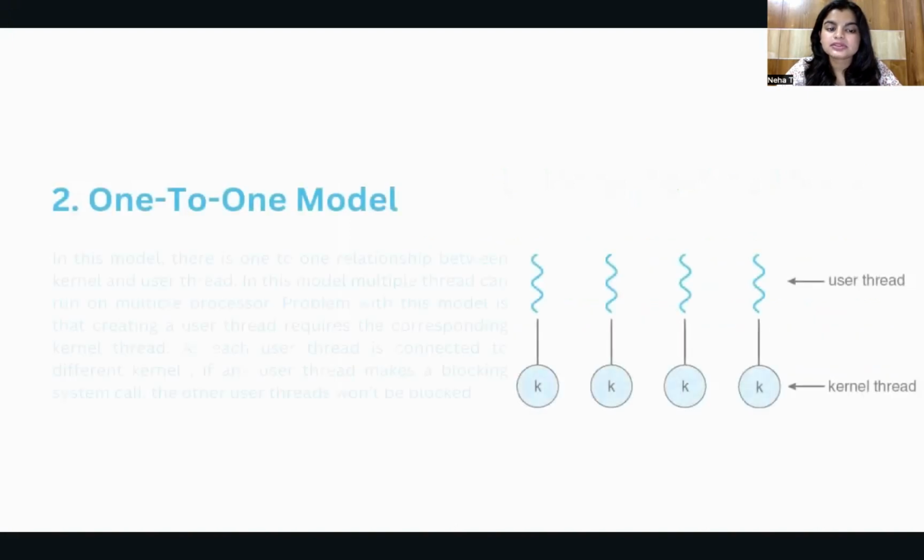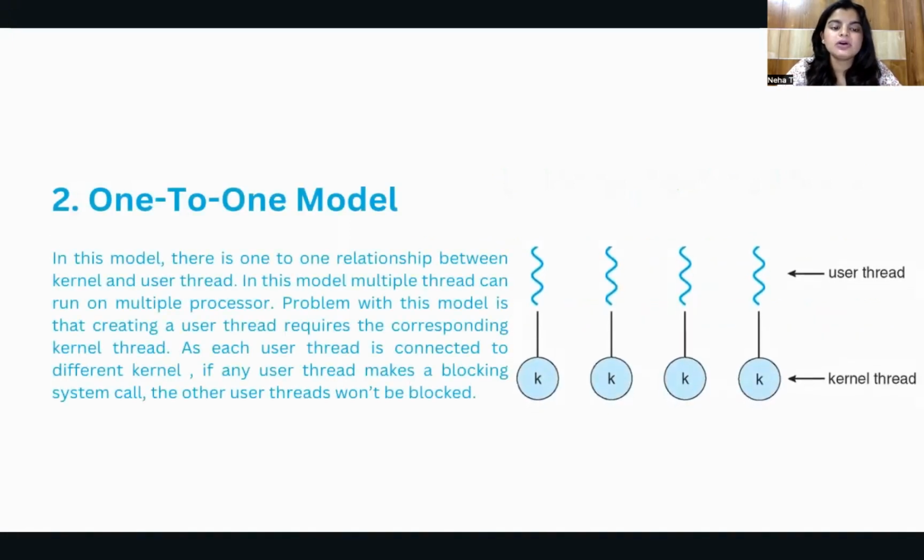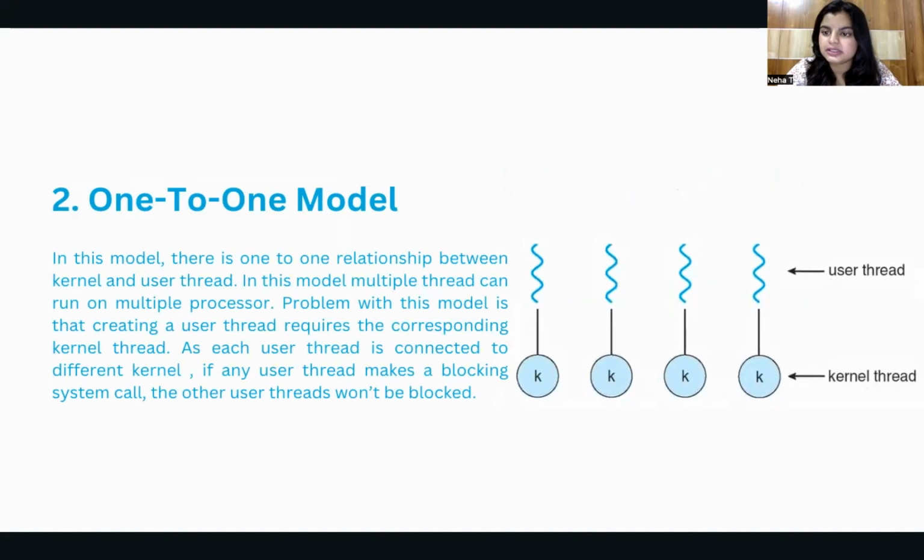Coming to the one to one model, there is a one-to-one relationship. For one user thread, we have one kernel thread. In this model, multiple threads can run on a multiprocessor because every user thread has its own kernel thread. The problem with this model is that creating a user thread requires a corresponding kernel thread.